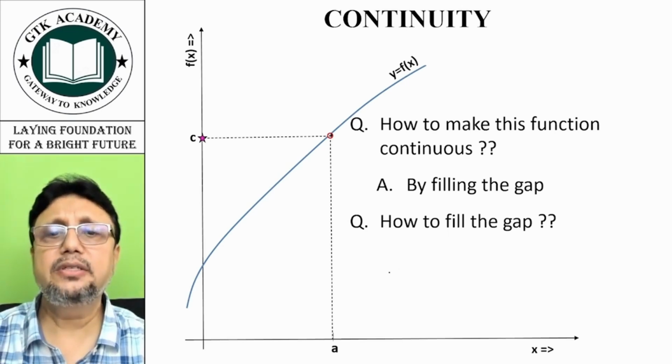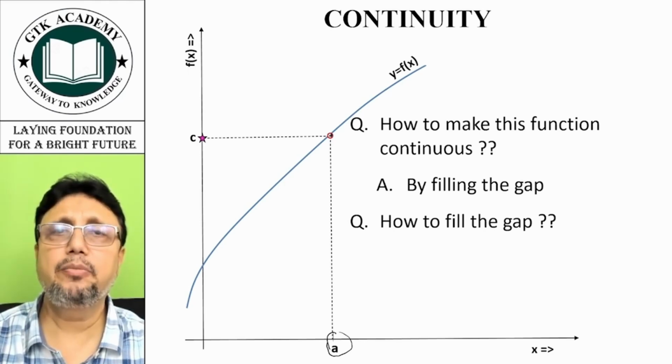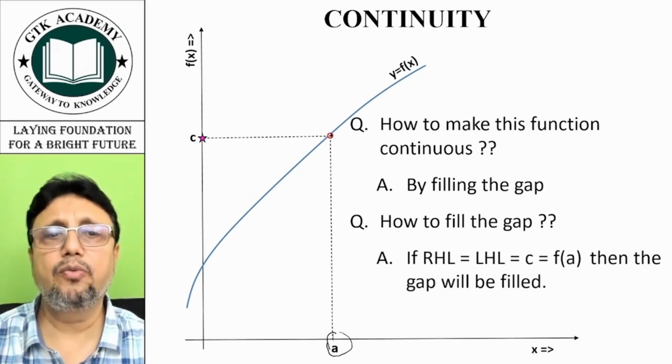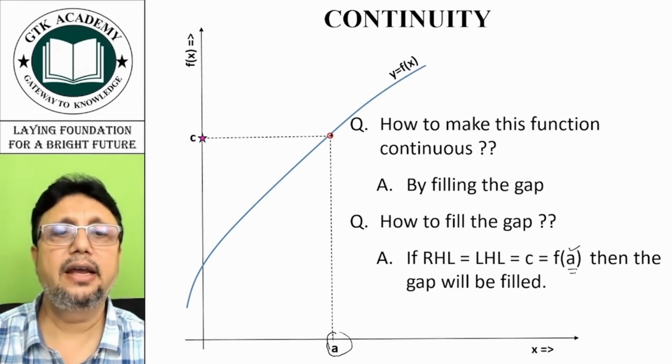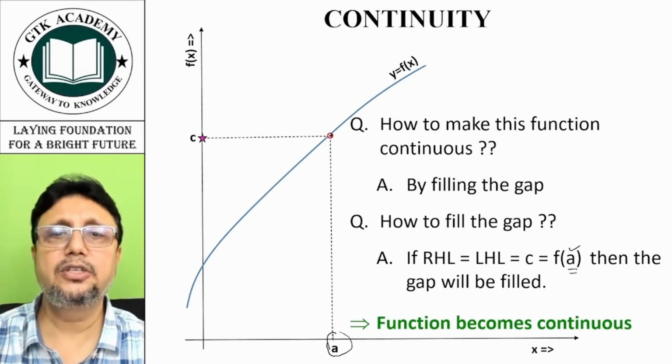Since at a the function is not defined, if the value of the function at a becomes equal to the right and left limit, then the gap will be filled. That means the right hand limit and left hand limit, both of which are equal to c, should also be equal to the value of the function at a. The gap will be filled, so the function becomes continuous.